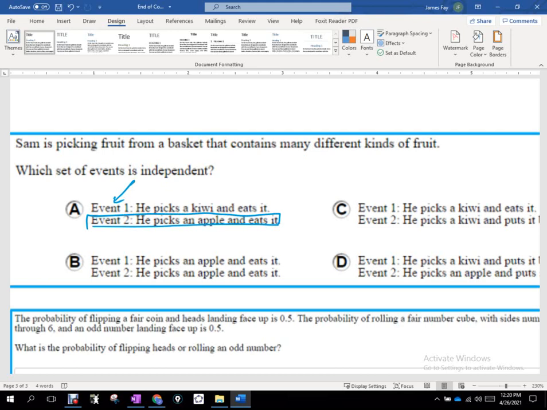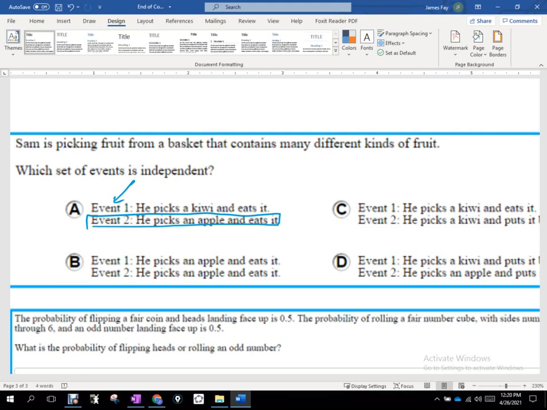Got a basket of fruit here. Okay, calculators are fruit, 2 dice are fruits, the orange is the fruit, and my phone. Okay, close my eyes, pick this one out. Event 1, which was this, is a kiwi. I eat it. Does that impact what I choose on event 2? Yeah.